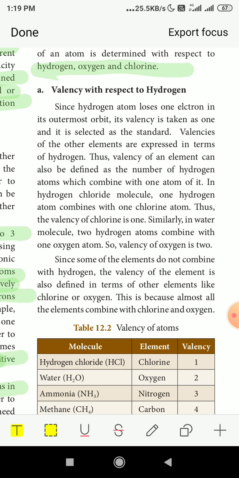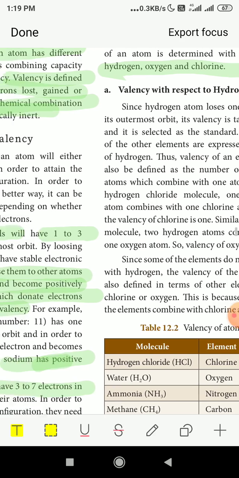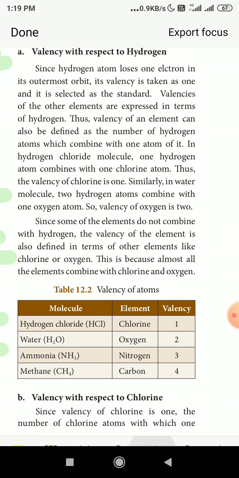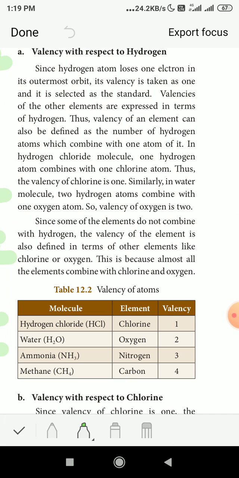Okay. When 2 hydrogen combine with oxygen in water, the valency of oxygen becomes 2. So these are the valencies with respect to hydrogen atoms.